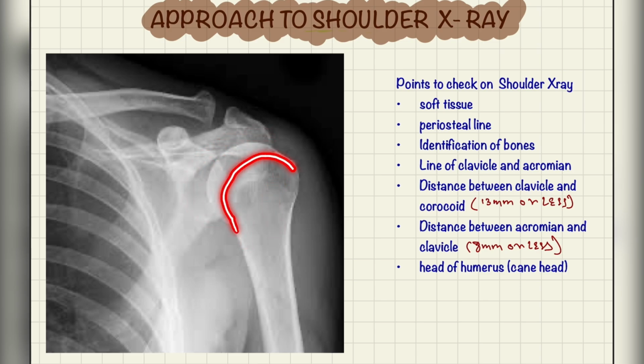Also, if you see this kind of aperture on a humeral head, that means there is something wrong with the humeral head. Again, marking the cortical line, this is a perfect cane shape. If you see this kind of aperture, that means it is a classical case of dislocation, or the humerus has gone into some kind of torsion.